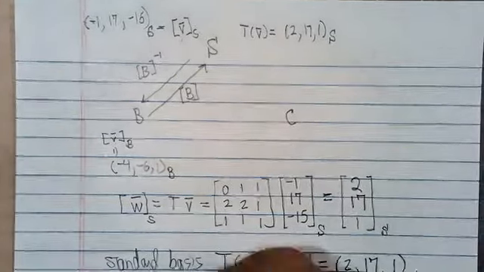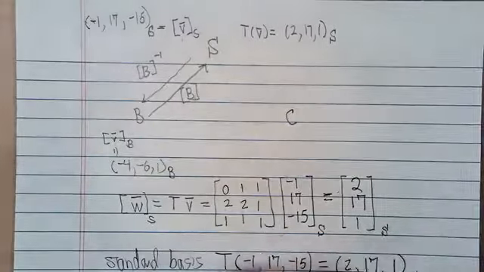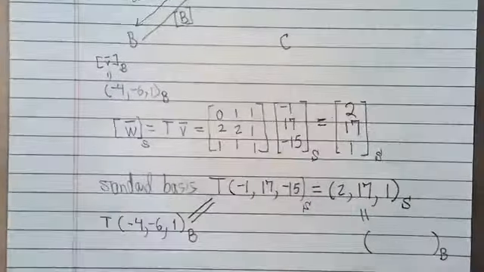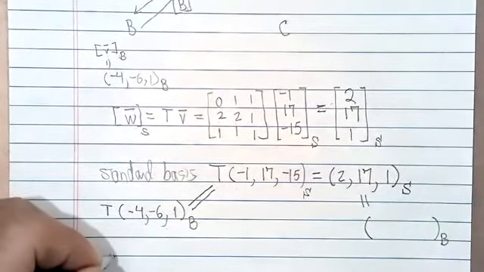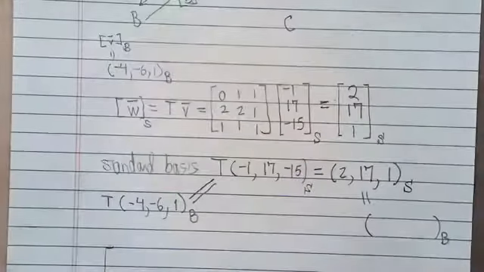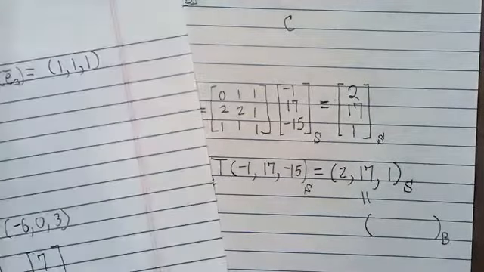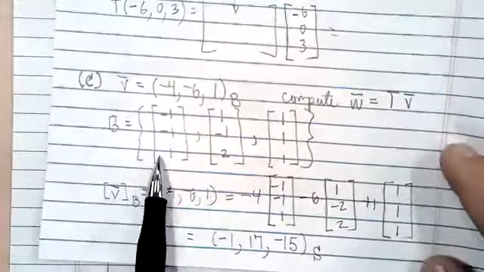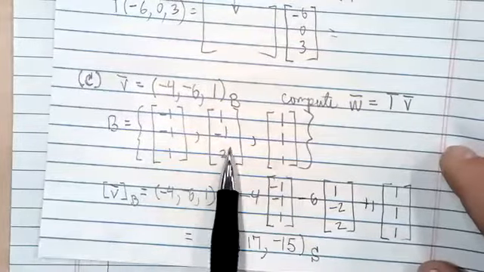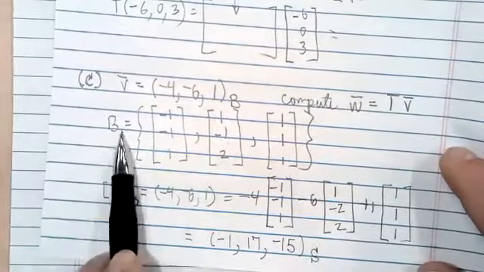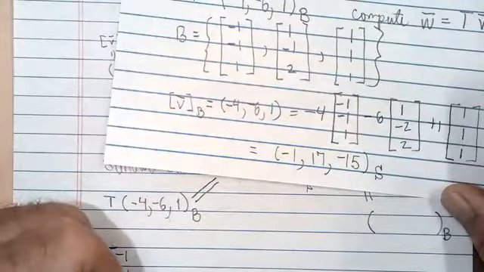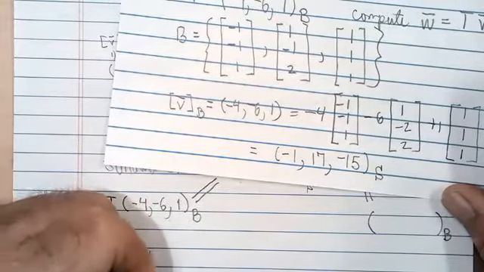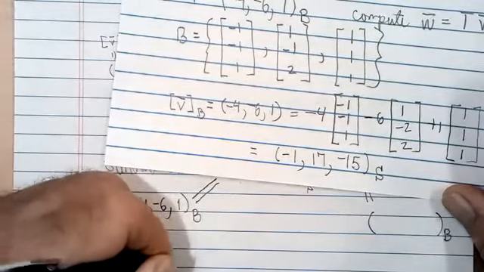So now, if I want to get this in basis B, this is a good question even if the problem doesn't say it. How could I get this in basis B? Well, the answer is I would do this by multiplying by the inverse of the B matrix. The B matrix is the ordered basis for B. You write them as columns in a matrix. Now I'm not actually going to compute this because it just takes a little while.